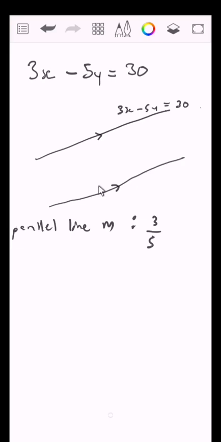Saka since the gradients of parallel lines are equal to each other, the gradient of this line, which is 3/5, as we saw in part A of our question, is equal to the gradient of this line, which is also 3/5. Question yedu yatiudza kuti this line is passing through a certain point, minus 5, 3.